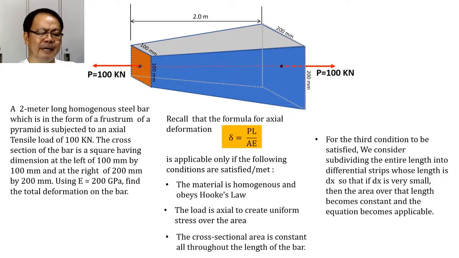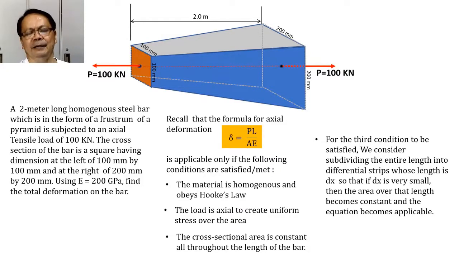So para daw magamit natin itong formula, ang gawin natin ay i-consider natin that we divide this length into thin slices. That each slice would have a dimension equal to dx. And if that dx is very, very small, then the cross-sectional area of that differential length will become constant all throughout the distance dx.